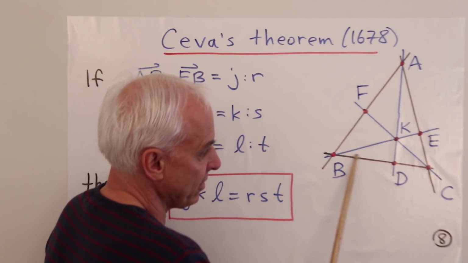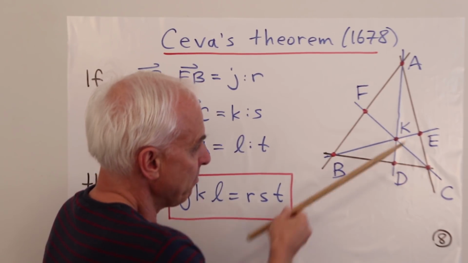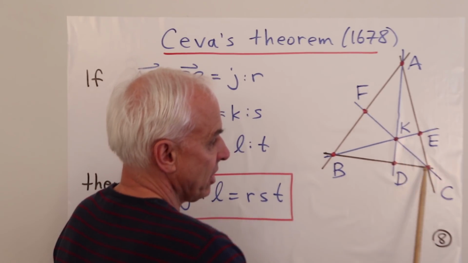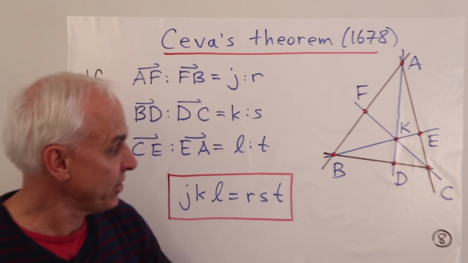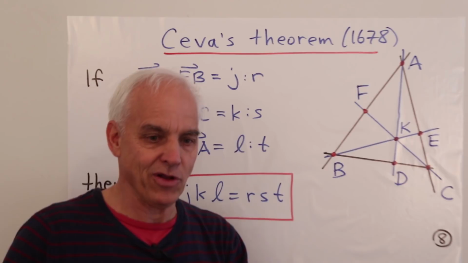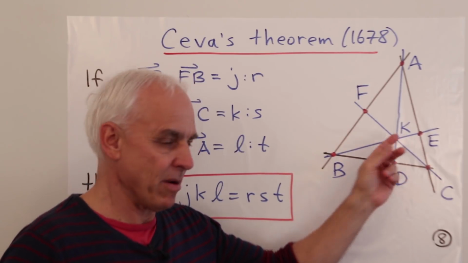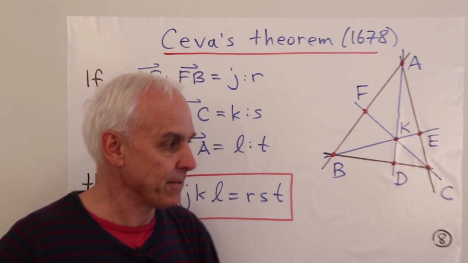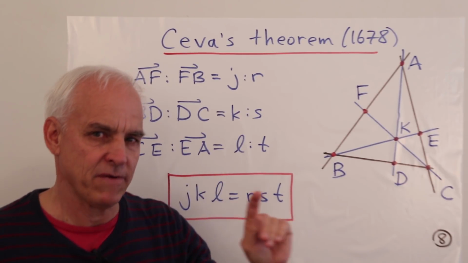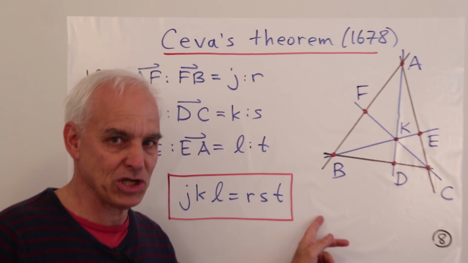AK, which meets the opposite side at the point D, BK, which meets the opposite side at the point E, and CK, which meets the opposite side at the point F. So we still get 3 points on the sides of the triangle, but now sort of starting from a point rather than a line. And otherwise, the formulation of the theorem is very similar except for the punchline.